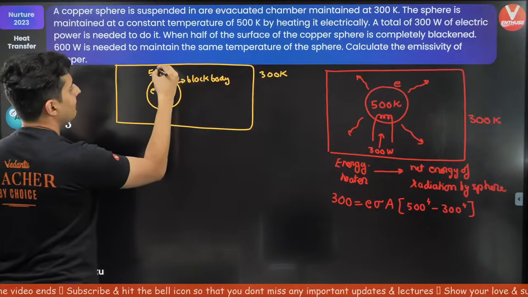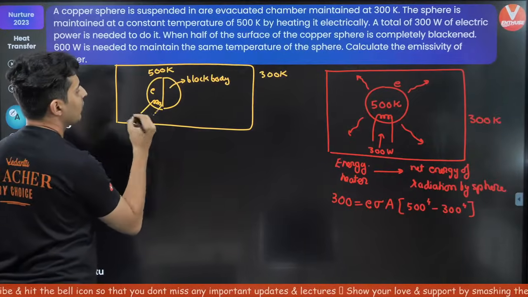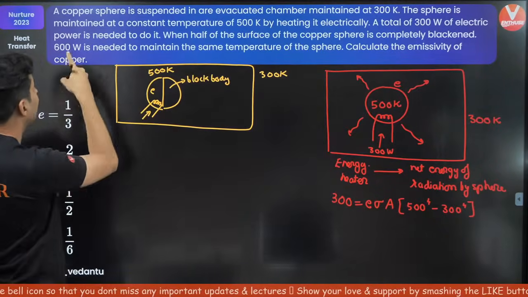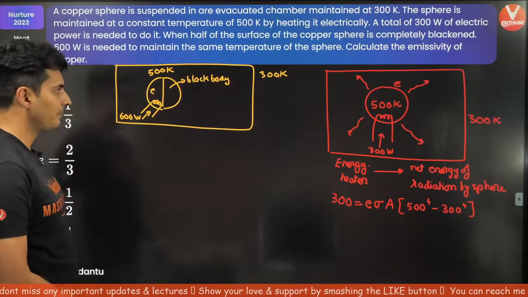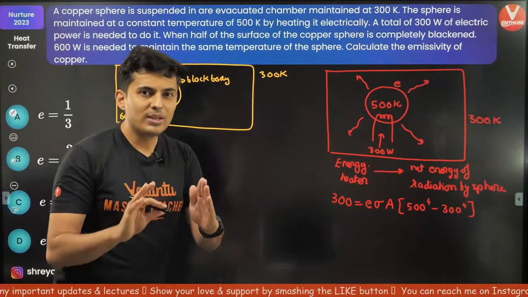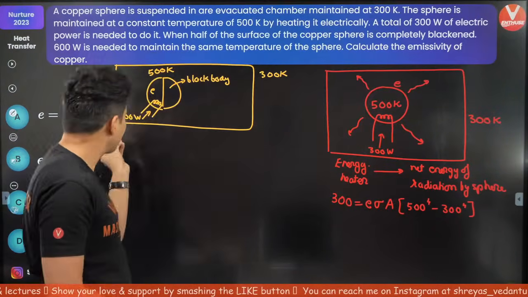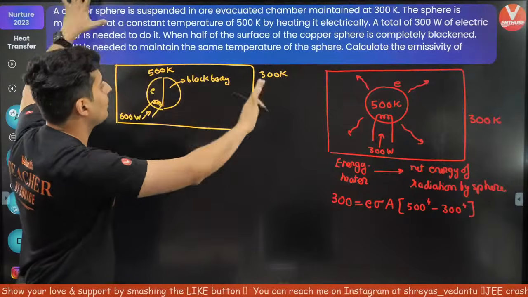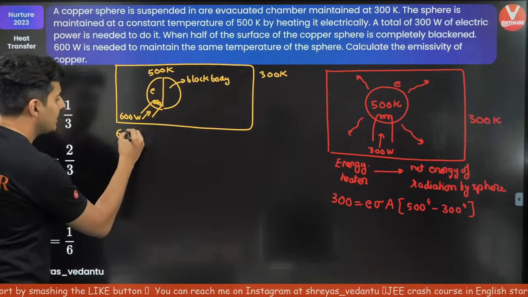This is still 500 Kelvin. And you're still providing it heat from the heater, and this time you're providing it 600 watts of energy. Obviously, now again, if you use the same relationship, the energy which is provided by the heater is the net amount of energy which is lost by that body. How will it look this time?